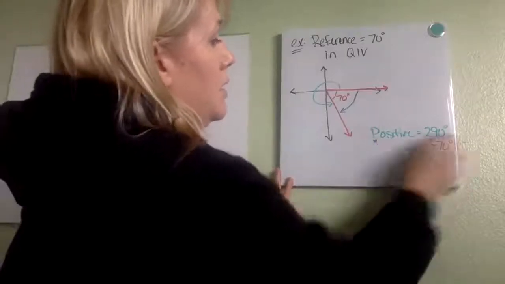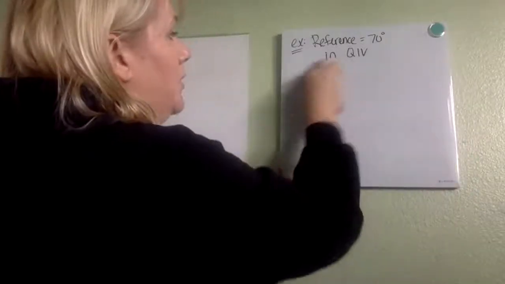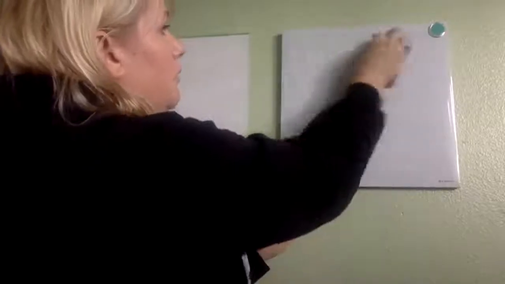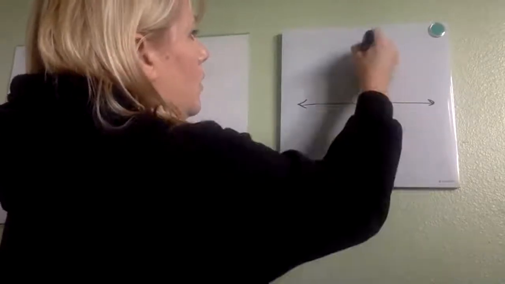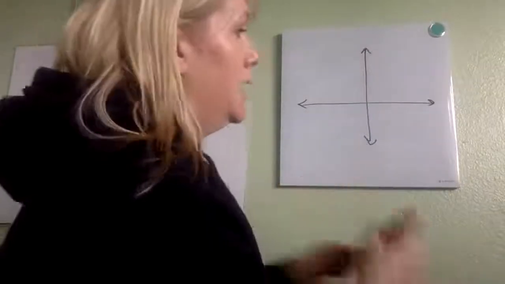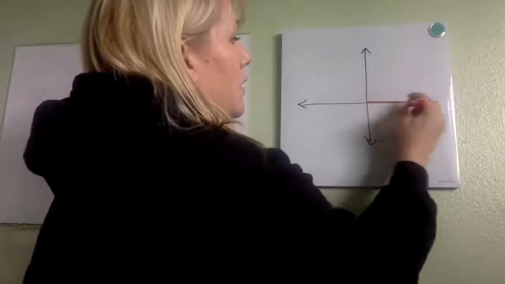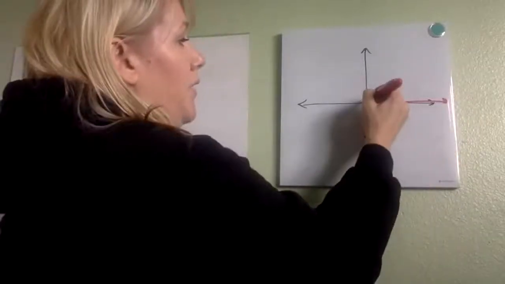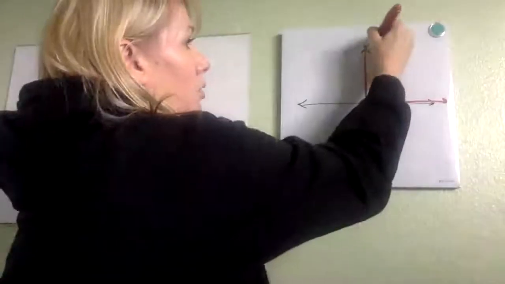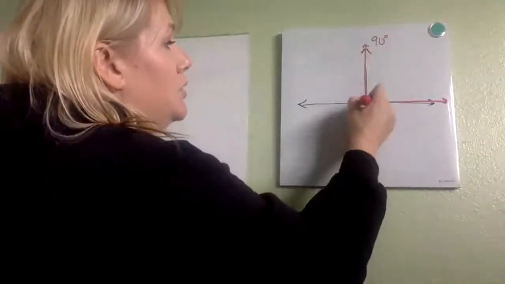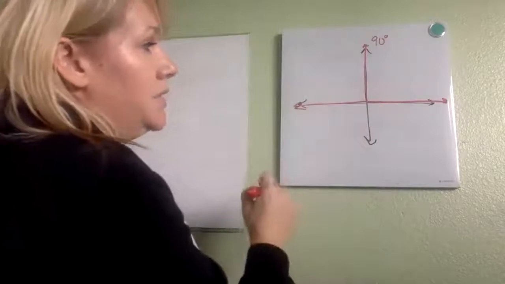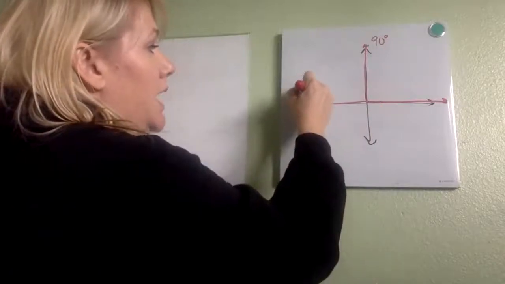Okay, let's just talk about a couple of things that I probably should have covered before. If the initial side is here, and I open straight up, that would be 90 degrees. Make sense? If I open out to the left, the x-axis, that would be 180 degrees.